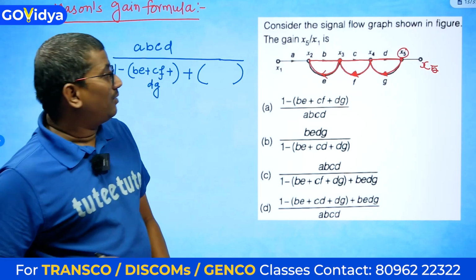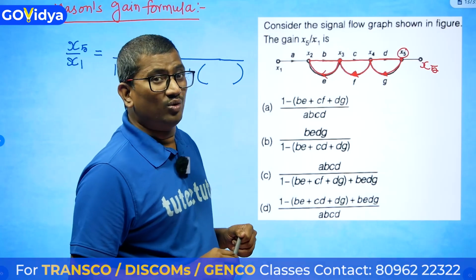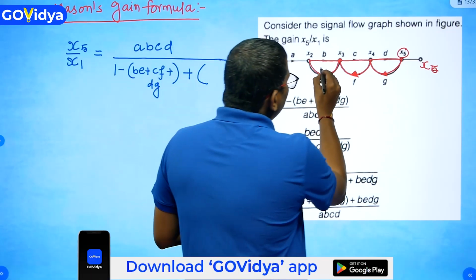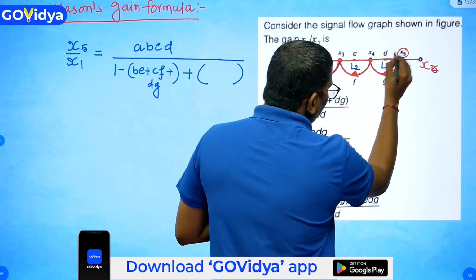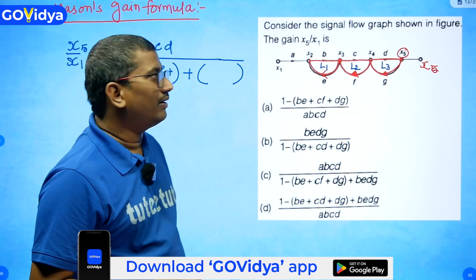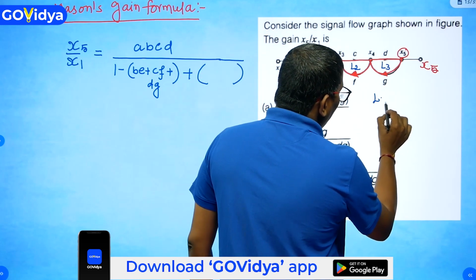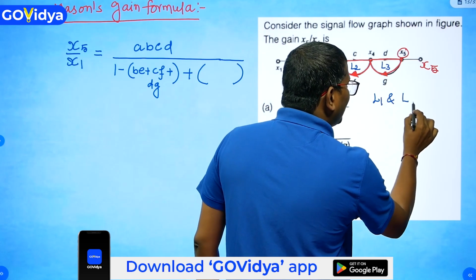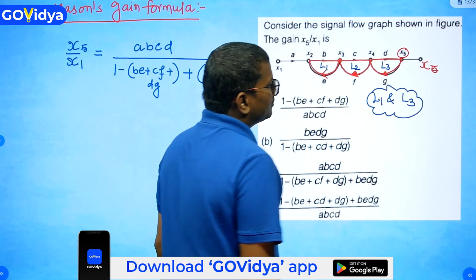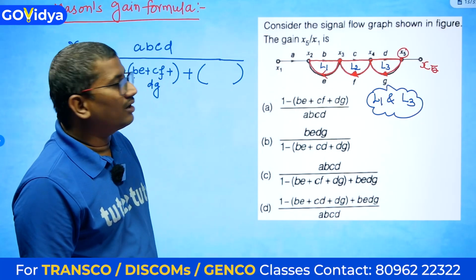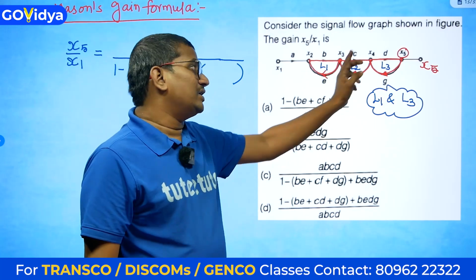We have written that. But the two non-touching loops here are the major thing. How many two non-touching loops are there? If you observe, this is loop 1, this is loop 2 and this is loop 3. There are no other loops, right? So can I say loop 1 and loop 3 are not at all connected together? But L2 is common to this and this.